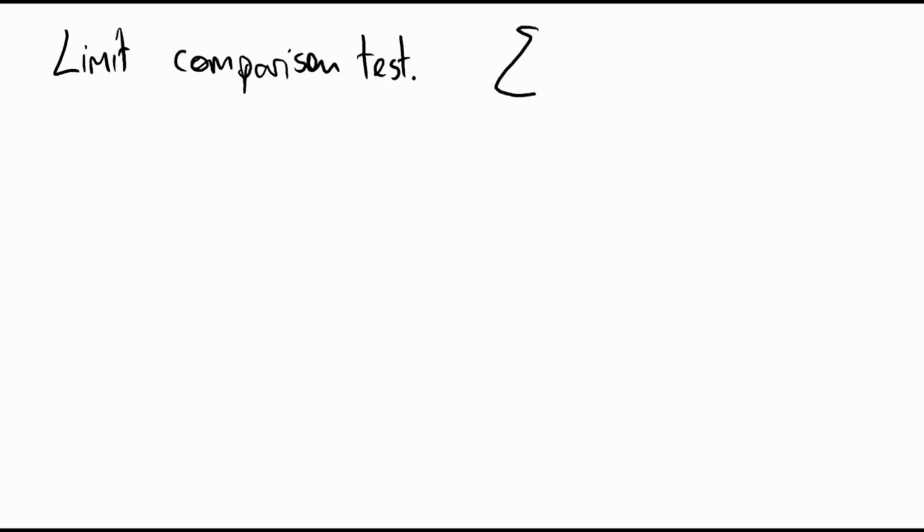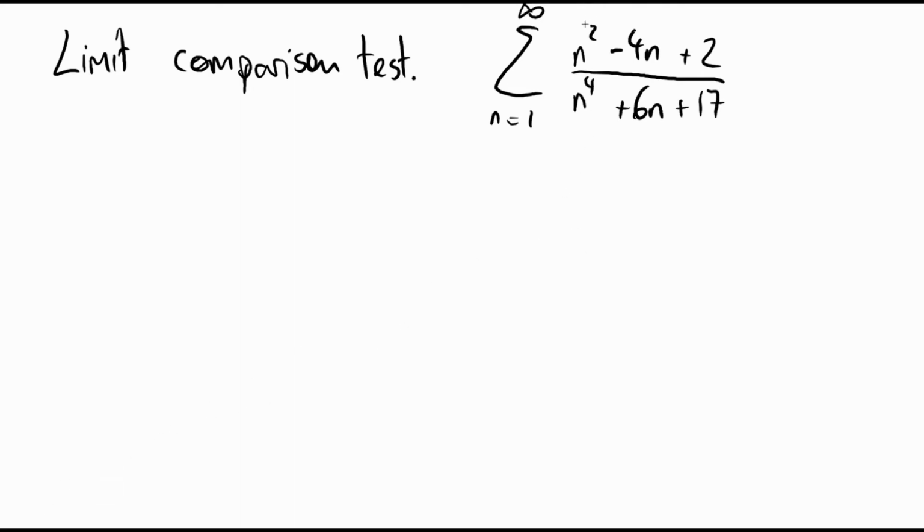Now, a reasonable question is to ask, what is a good test in order to deal with this problem? And here, I'm going to recommend that we use the limit comparison test instead. Now, the reason for that is that we have something that looks like a rational function, right? We have the series n equals 1 to infinity of n squared minus 4n plus 2 over n to the 4 plus 6n plus 17.